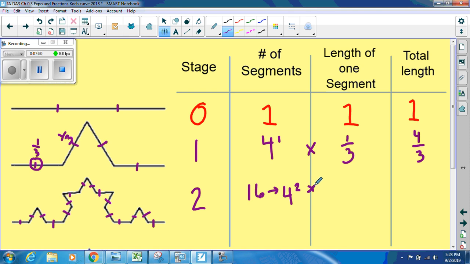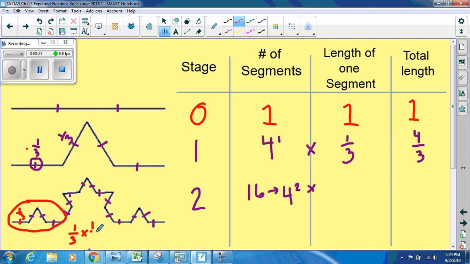Now, what's the length of each segment this time? Well, I take a look at this piece. Remember, this was 1/3, right? If I look back up here, that was 1/3. So this whole thing is 1/3. Now, each of these pieces is going to be 1/3 of that, because remember, I broke it into 3 equal parts. So now I have 1/3 of 1/3. Remember, of in math means times.